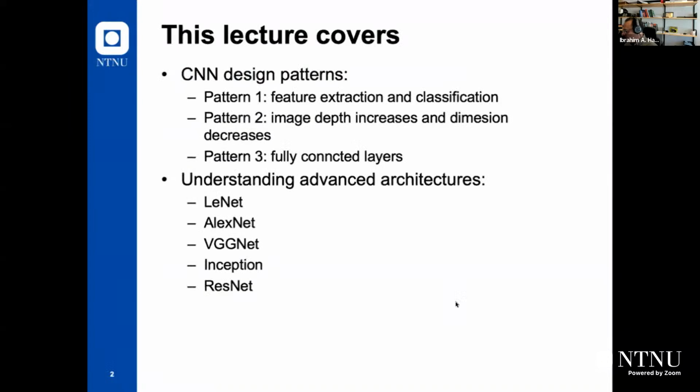So today we need to talk about those design patterns. There are three different types of pattern. Pattern 1 is feature extraction and classification. This is the traditional part, which we learned last time. Pattern 2 is that the image depth increases and the dimension decreases, and pattern number 3 is the fully connected layers. And we need to understand some advanced architectures such as LeNet, AlexNet, VGGNet, Inception, ResNet, etc.